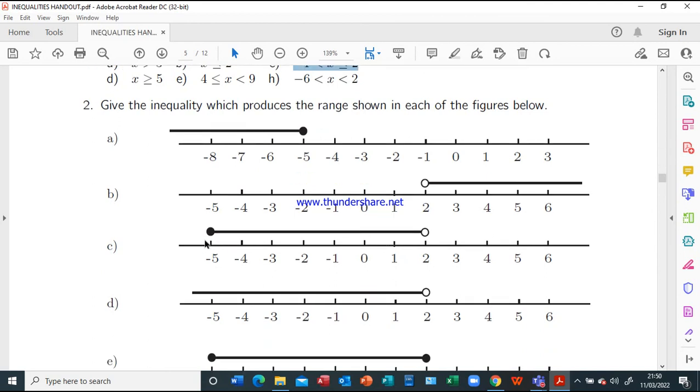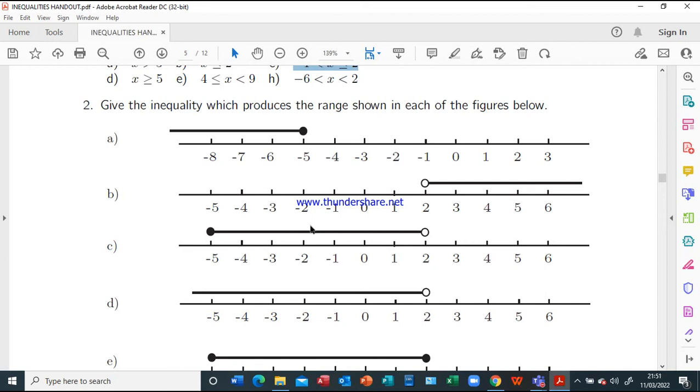If we are to look at C now, Arinda, you tell me this. What would be the inequality which produces this result, C? Remember, this one means X is lying between 2 values. Arinda, are you there?